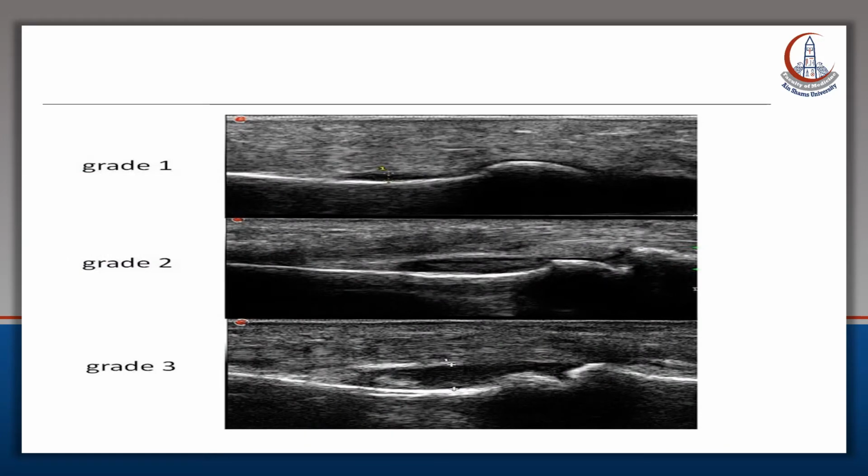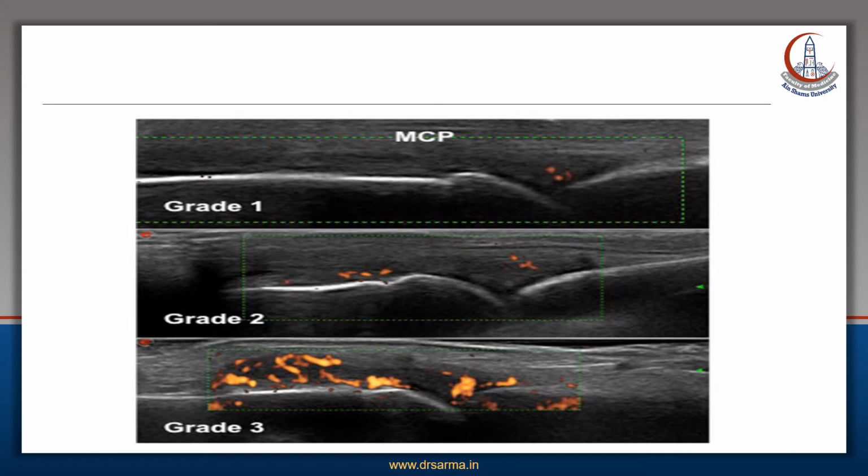Whether grayscale synovitis or power Doppler synovitis, they are graded from 1 to 3.